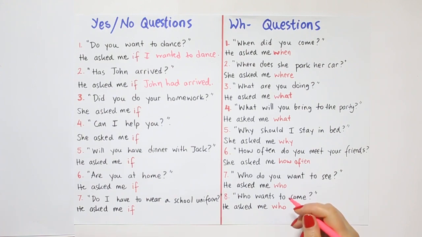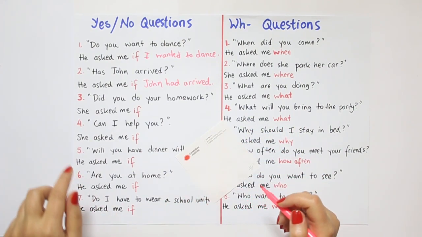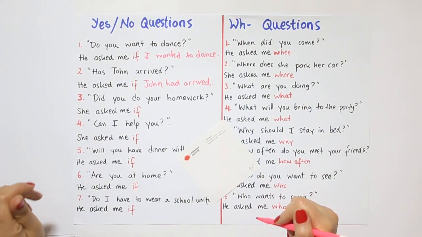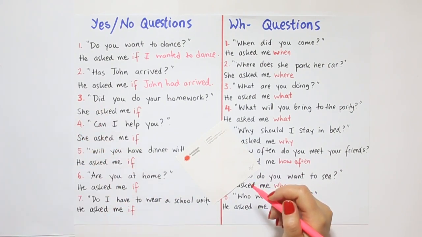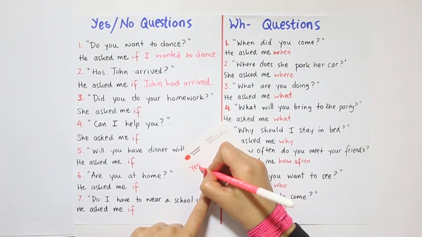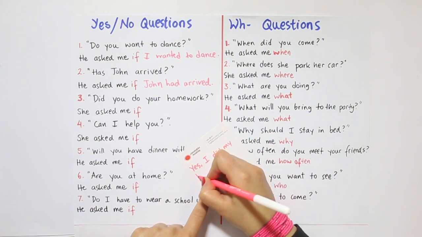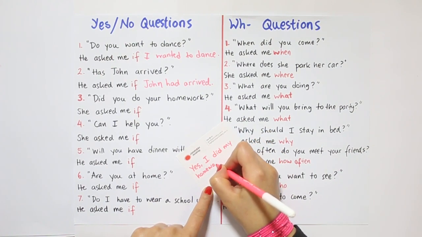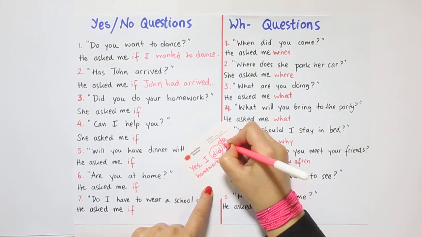Did you do your homework? Pay attention. Because you know, when we are answering a question which is asked in past tense, then we don't need to use did anymore, right? Did you do your homework? Let's say, yes, I did my homework. So this comes from my word do.